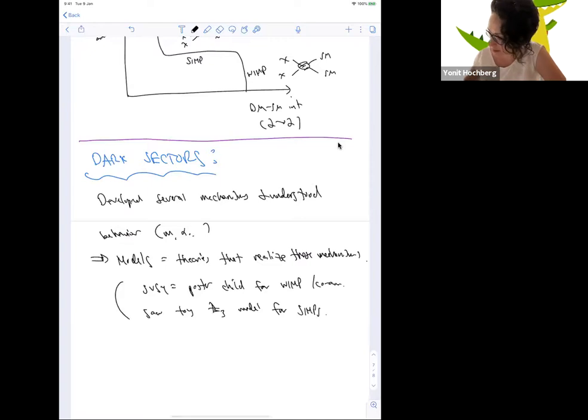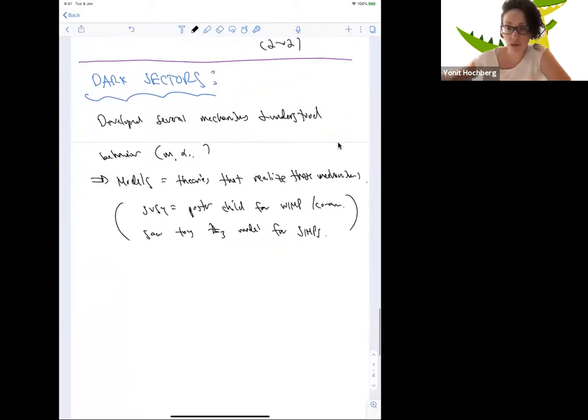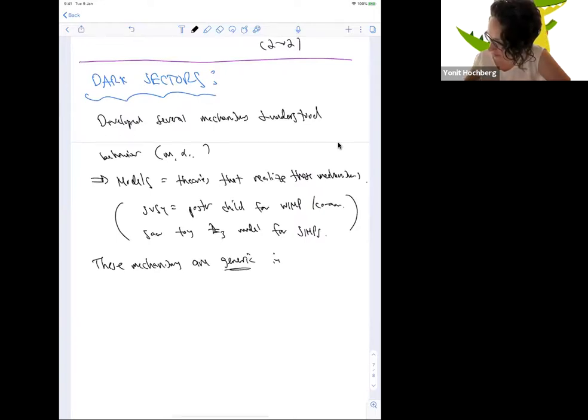These are just examples of what I mean by a model compared to the mechanisms. And what I hope to show you today is that these different mechanisms are really very generic in theory land.